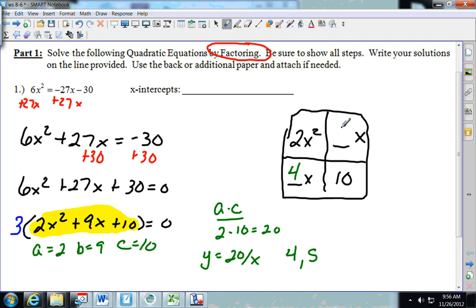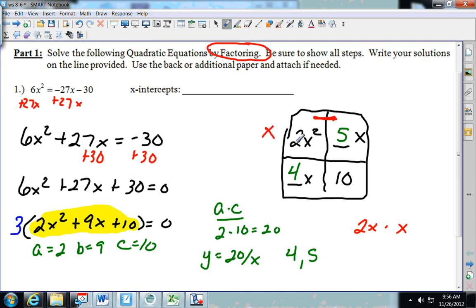It does not matter where I put the 4 and the 5, other than it has to be in one of these two boxes. It doesn't matter if I put the 4 up here or the 5 down here. Now, 2x squared splits up as 2x times x. It does matter where you put the 2x. So you need to look and see, what is the GCF out of those two boxes? It is a 1x.